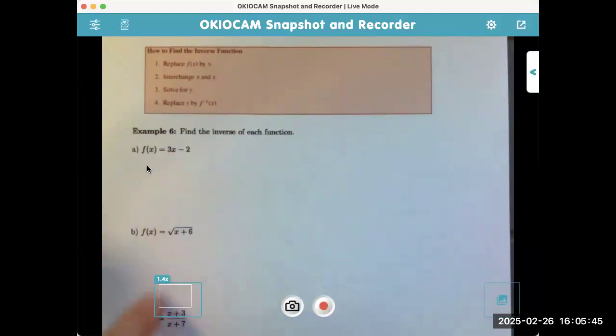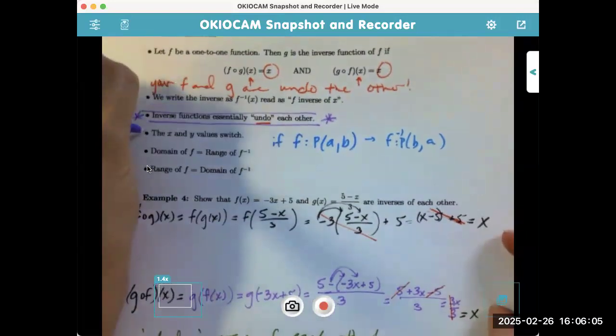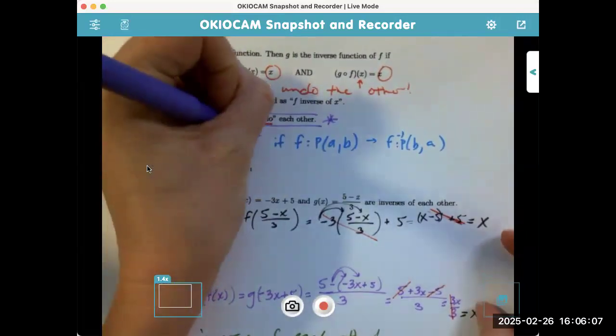So what if I give you a function and I ask you to find the inverse? Well, we'll start by replacing f of x with y. We interchange x and y because remember that's the thing for f to f inverse, the domain and range switch positions, right? Remember the x and y switch position.